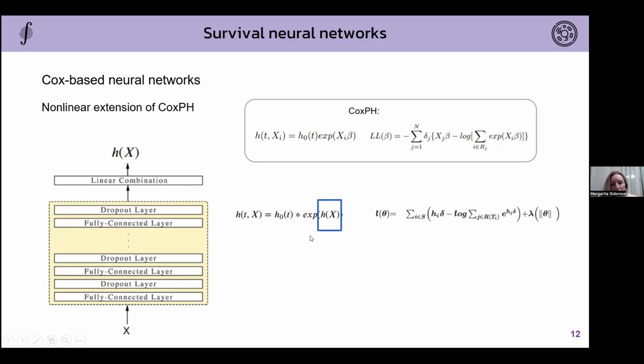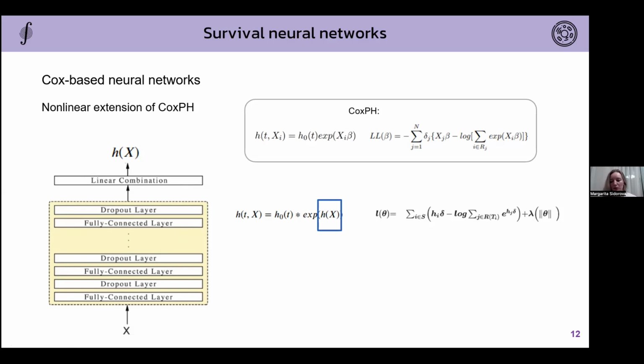With this idea, we are estimating the partial hazard, and the partial hazard is the output of our neural network. Then we are trying to decrease the Cox proportional hazard loss, which is a function of the weights. So we are trying to search for such weights which will give us a small Cox loss function.